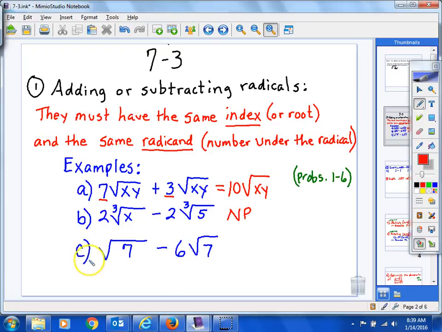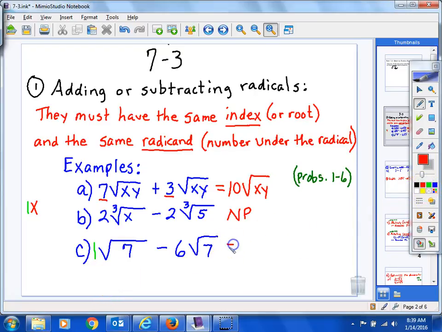For letter C, I just wanted to make you aware of this because some people forget. Just like the variable x, you learned in Algebra 1 that there is an invisible coefficient of 1 in front of that variable. That's also true for radicals. In this case, the square root of 7, you can think of it as having an invisible 1 in front of it.